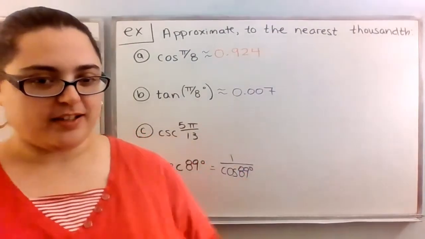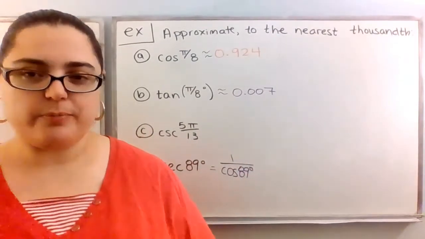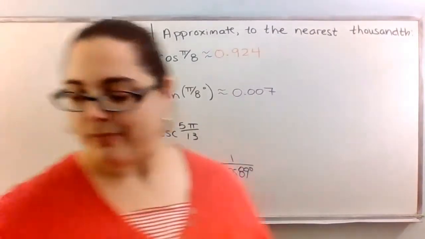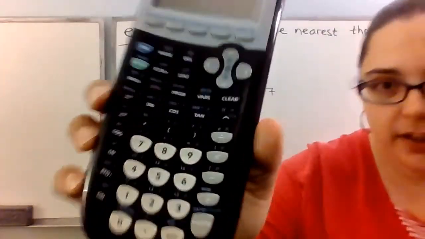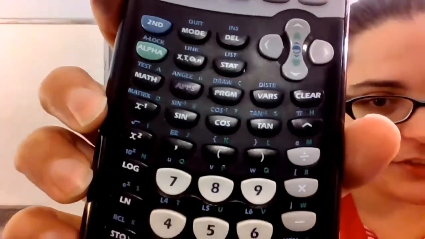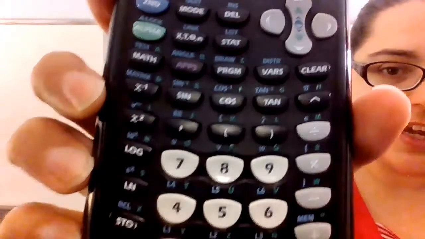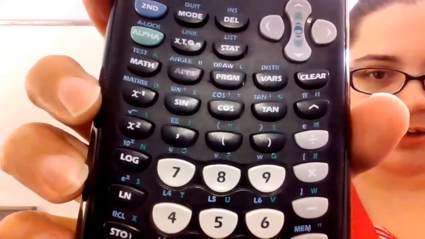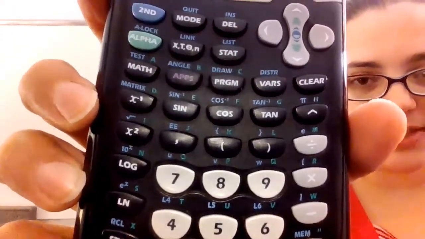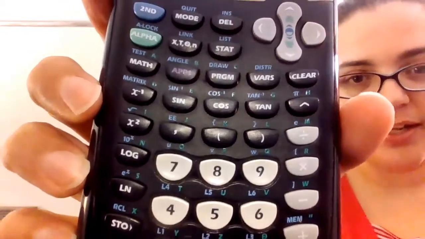So here's where your calculator is going to be both wonderful and terrible. If I look at my calculator, just above the cosine button, you can see it has cosine with a -1. And we're accustomed to exponents of -1 being the reciprocal.